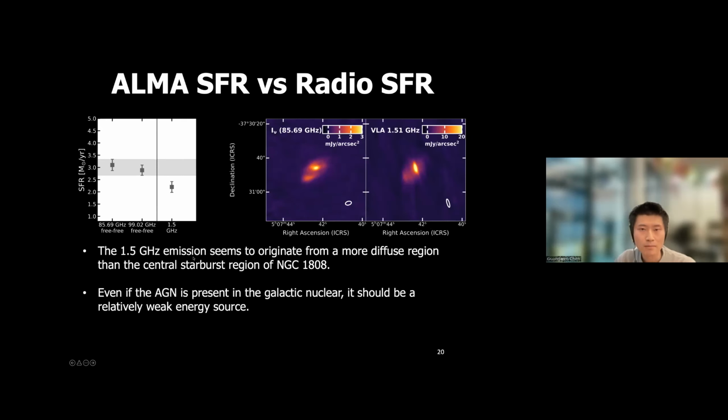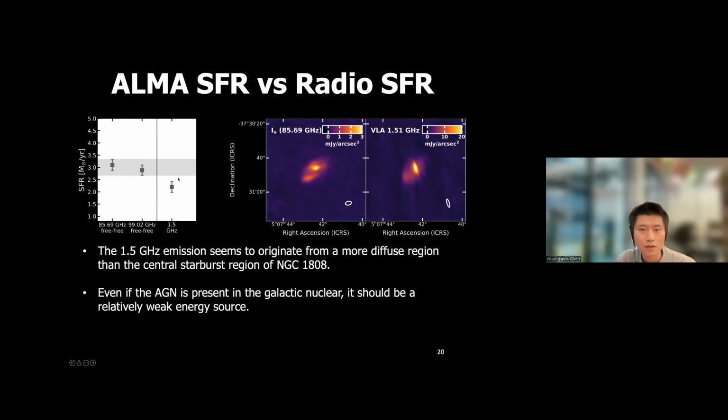We first compare the ALMA star formation rate with the radio star formation rate calibrated by 1.5 gigahertz emission. We can see that the radio star formation rate is lower than the ALMA star formation rate, which implies that the 1.5 gigahertz emission seems to originate from a more diffuse region than the central starburst.